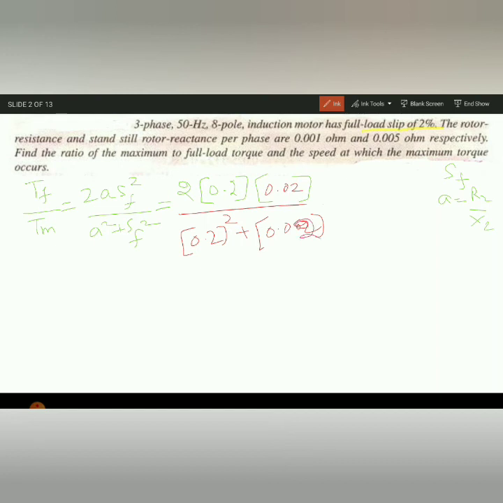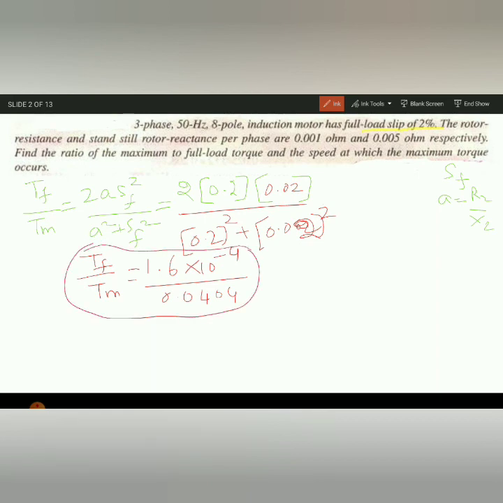Now when we find out this value, TF divided by T max comes out to be something around 1.6 into 10 to the power of minus 4 divided by 0.0404. But what is the question? This was a ready-made formula available, so we just simply found this.